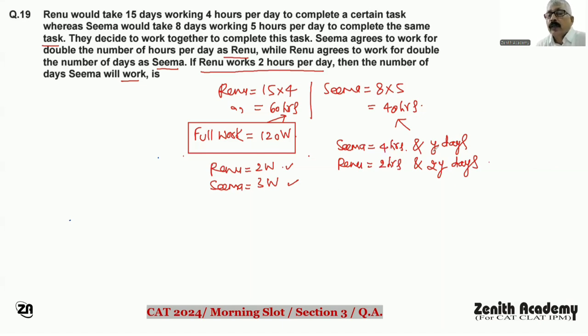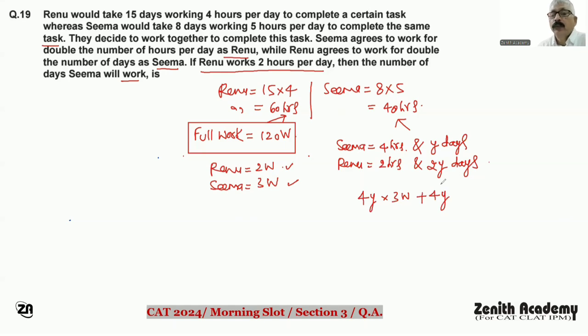Here, 4 into Y days, Seema will work 4Y hours. And every hour, the contribution of Seema is 3W. Renu works 2 hours for 2Y days, so total hours 4Y.